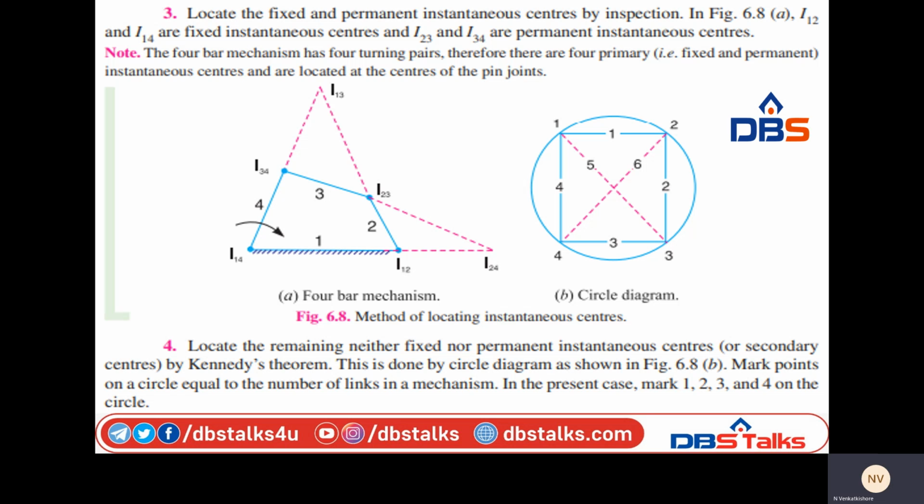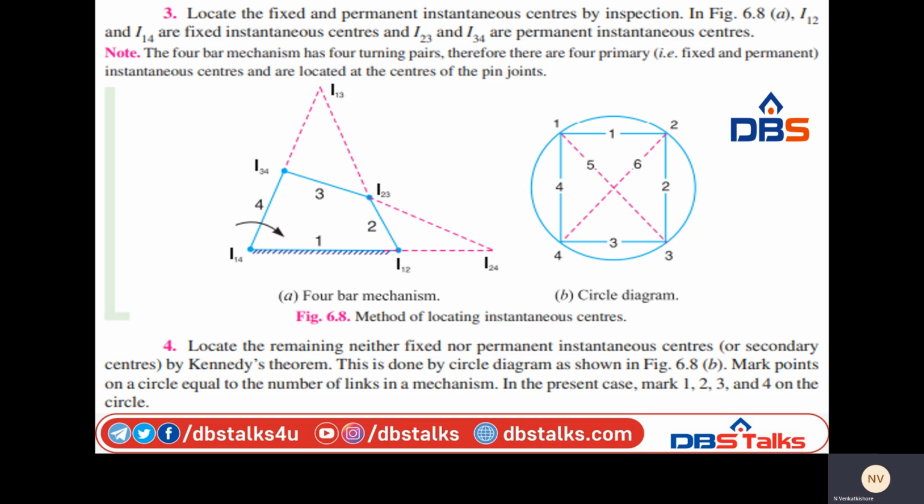In the 4-bar mechanism, we have 4 turning pairs. Therefore, there are 4 primary centers, that means fixed and permanent instantaneous centers, located at the centers of the pin points. And locate the remaining instantaneous centers, which are neither fixed nor permanent, that is secondary centers, by Kennedy's theorem.